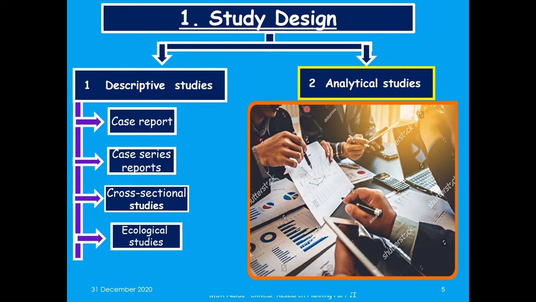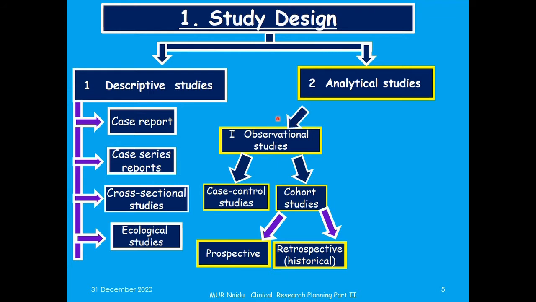Now coming to the second, that is the analytical studies. Again it is divided into two major categories. One is observational study, which includes case control study and the cohort study.